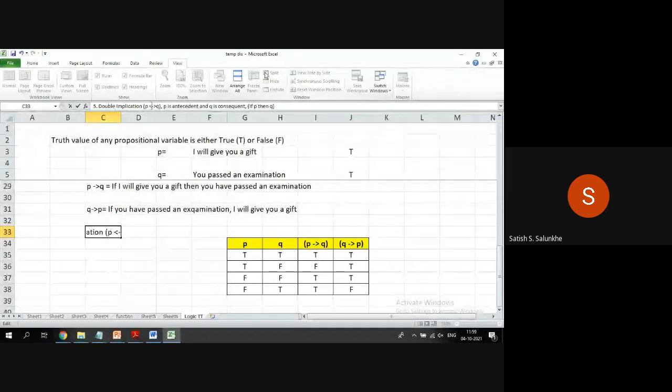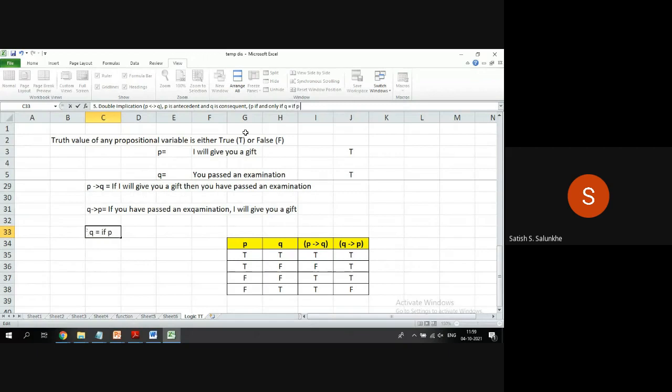This is P if and only if Q. This is the way you should interpret it. P if and only if Q. How to interpret this? What is the meaning of this?